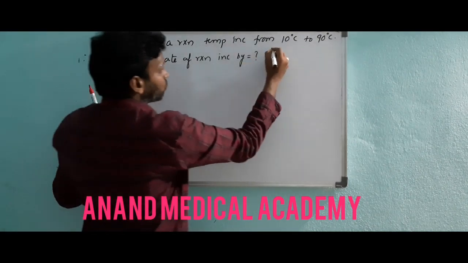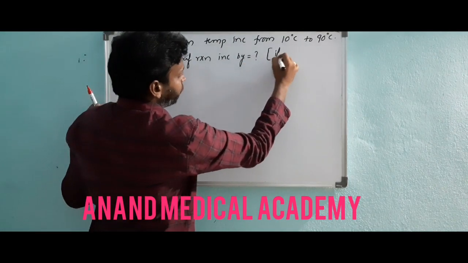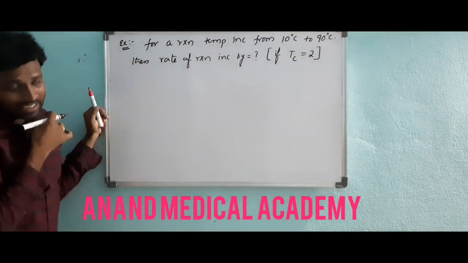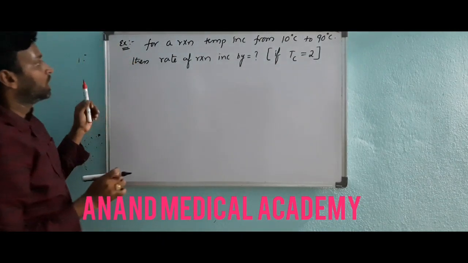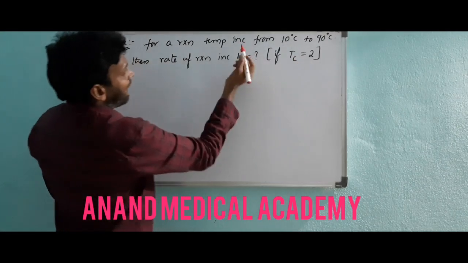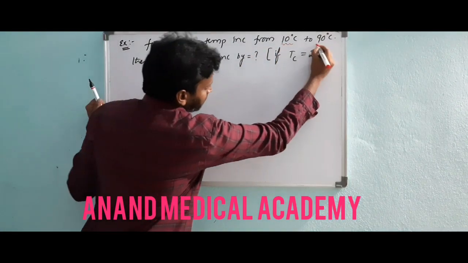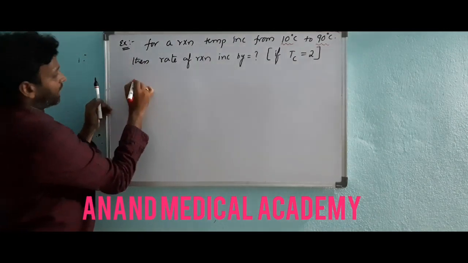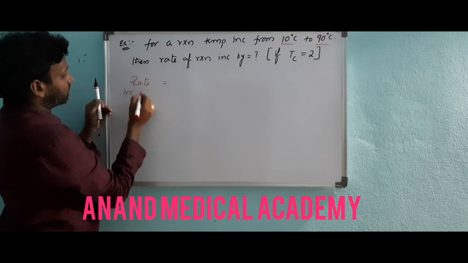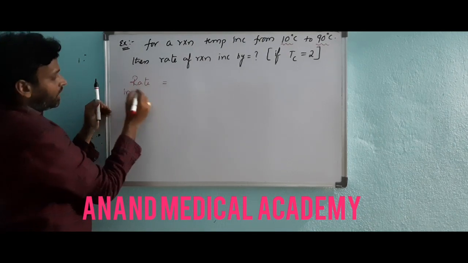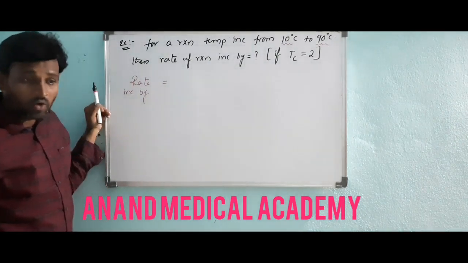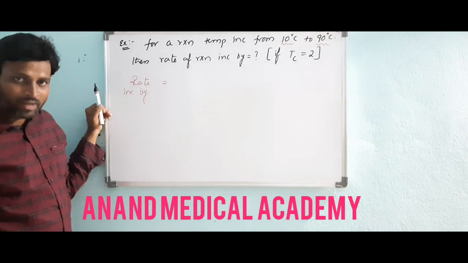They have to provide this in the numerical. If the temperature coefficient is 2, they provided this. The temperature coefficient is given as 2. Rate increased by how many times? Getting what I am saying?